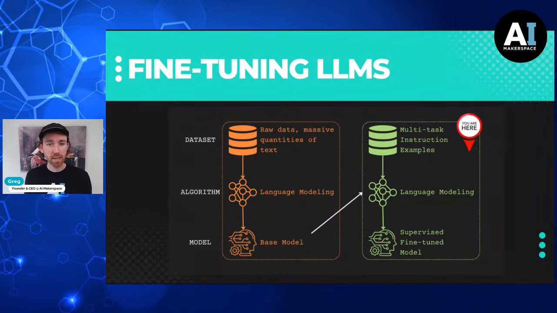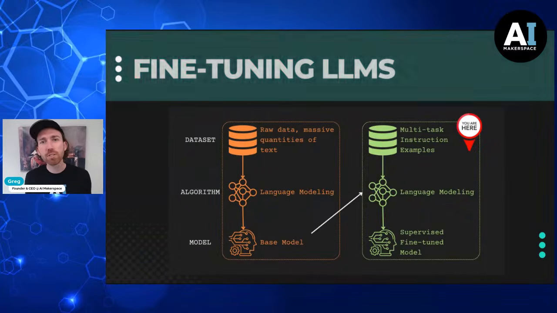But those examples are the ones that we then take to update our language model, producing this supervised fine-tuned model that's more dialed in to the kinds of inputs, outputs, and specific instructions associated with what we want the model to be good at. Because of course, these models can be good at so many different things out of the box.